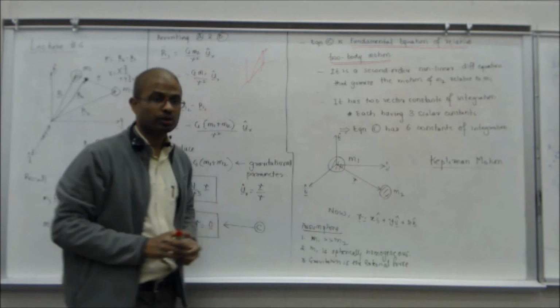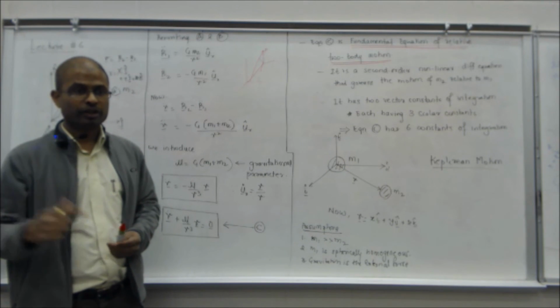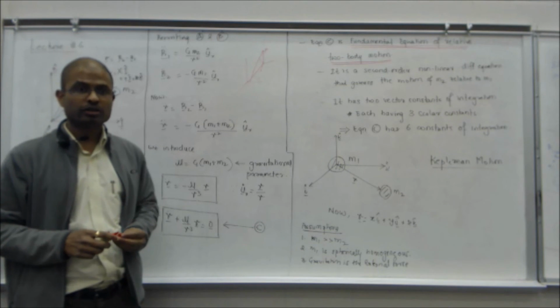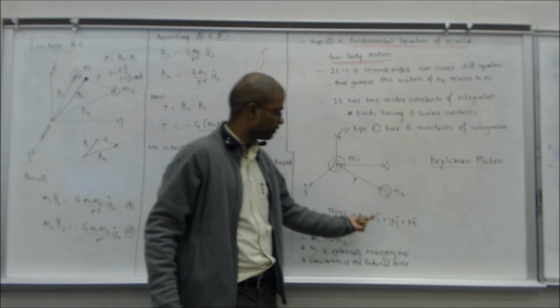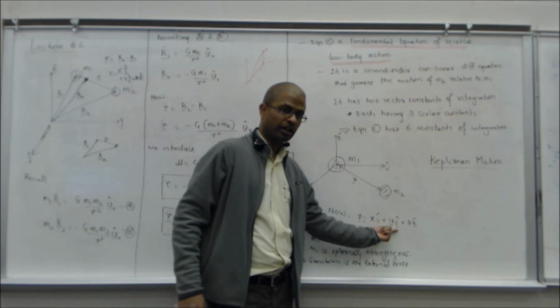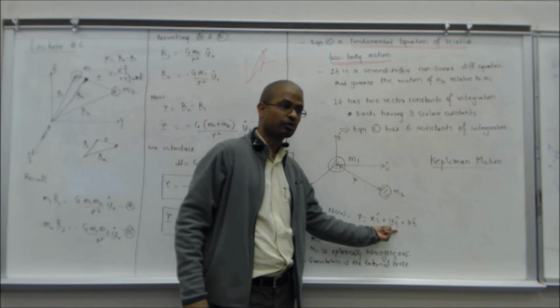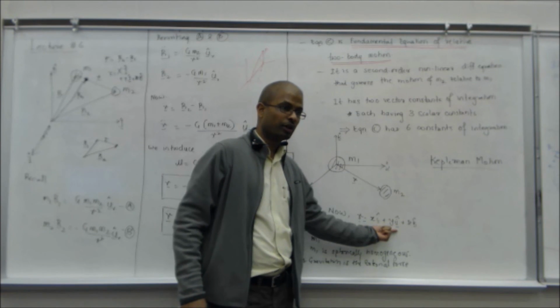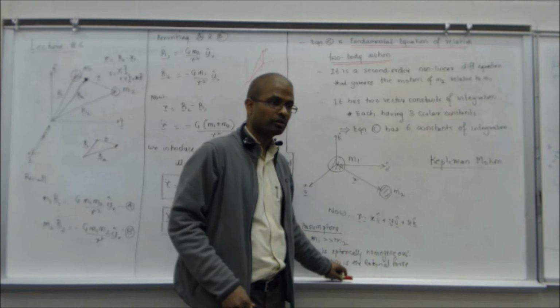Something which is fixed to Earth will rotate with respect to Earth. If it is rotating with respect to Earth, that is not an inertial frame, it's a non-inertial frame. So if you are asked to develop the kinematics of that, either in an inertial frame or a non-inertial frame, you should be able to do that as omega, where omega is the angular velocity of Earth itself. Okay, got it?